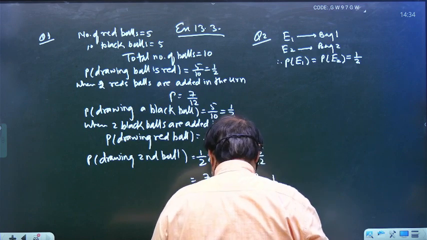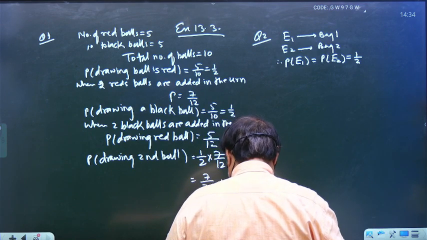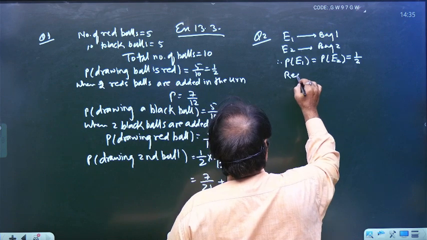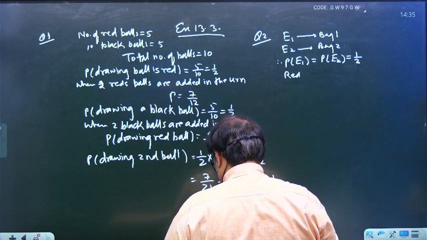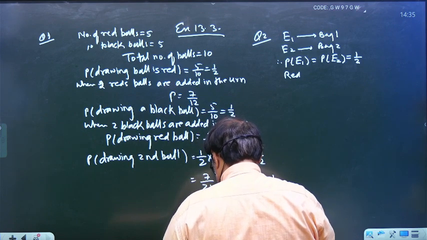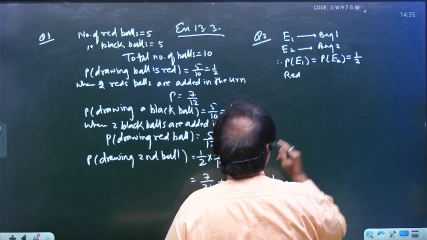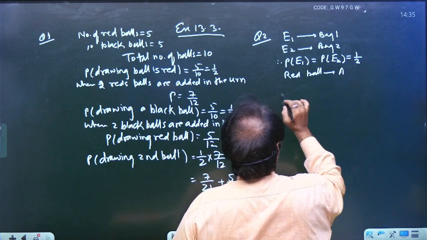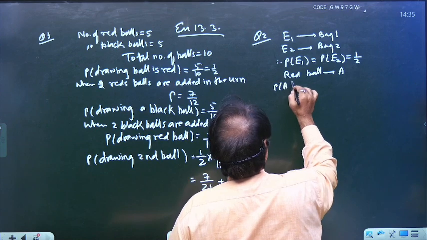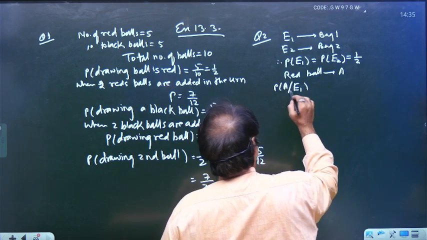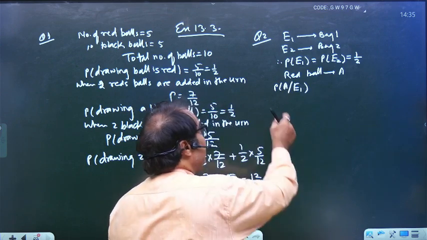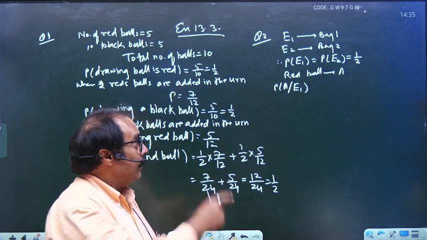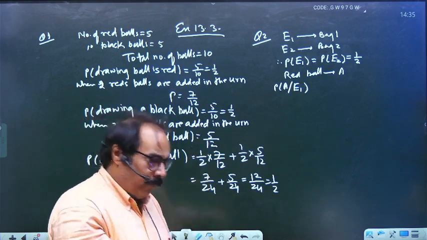Let the red ball, as per the question, which is found to be red, be A. So probability of A by E1. What does A by E1 mean? It means the red ball from bag 1.